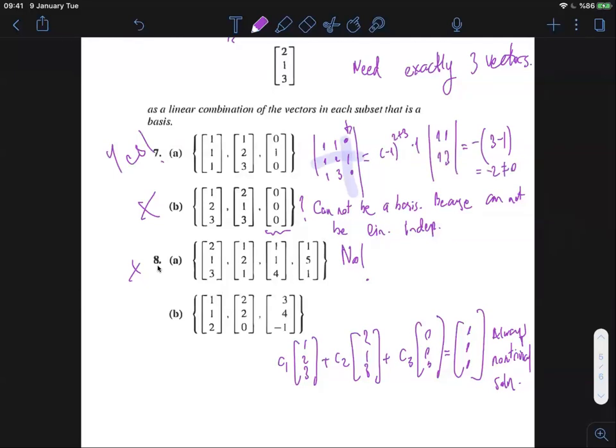The same thing for this one, okay? You only need to check the determinant 1, 1, 2, 2, 2, 0, and 3, 4, -1. So I think for this one, the determinant is also non-zero, right? So we can check this. Let's use the third row. This is 2 times -1 to the power 3 plus 1, with 2, 3, 2, 4, and -1 times -1 to the power 3 plus 3, with 1, 2, 1, 2.